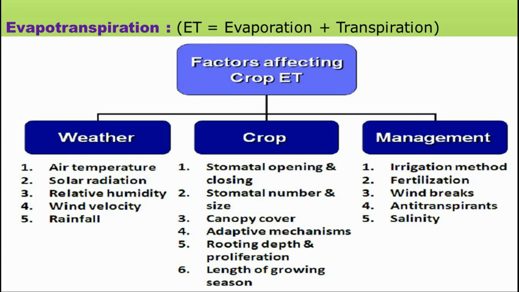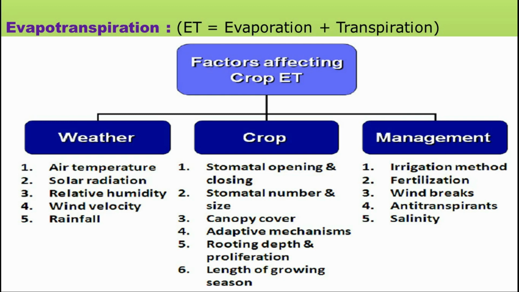Evapotranspiration means evaporation and transpiration. As we know, loss of water through the soil surface is called evaporation, and loss of water through the plant surface is called transpiration. Factors affecting crop evapotranspiration: in weather, they are air temperature, solar radiation, relative humidity, wind velocity and rainfall.